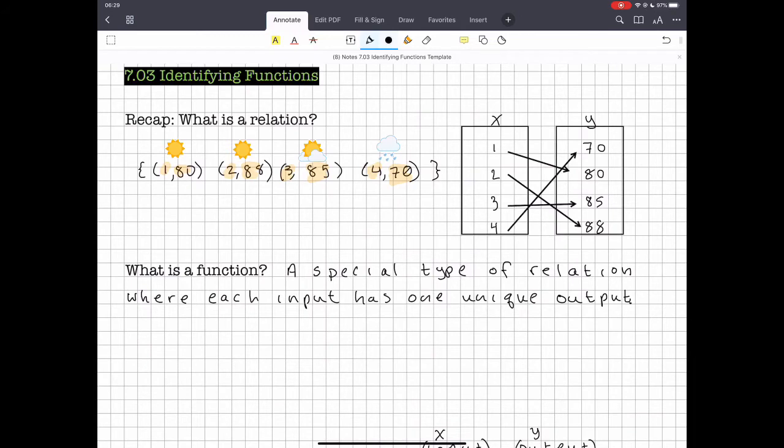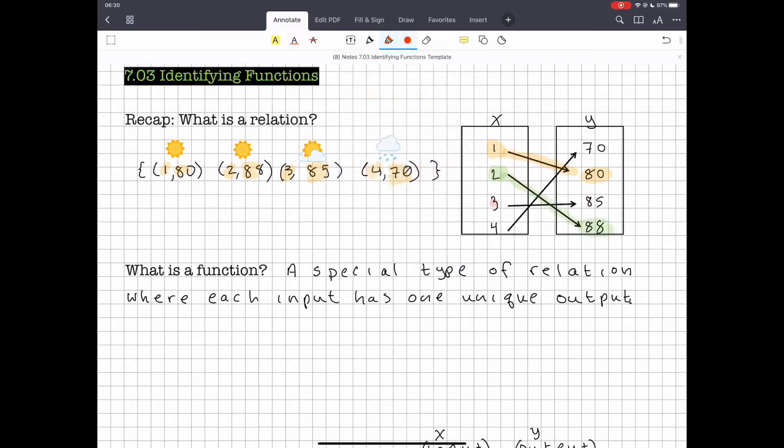The example that we have up above is a relation that is a function. Each input has one unique output. What that means is that the 1, that's our input, x is our inputs, has one output. It leads to 80. The 2 leads to one unique output, just the 88.